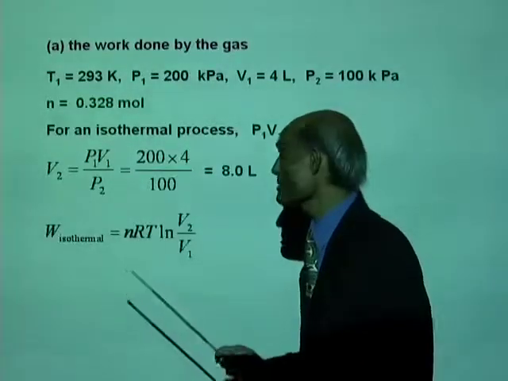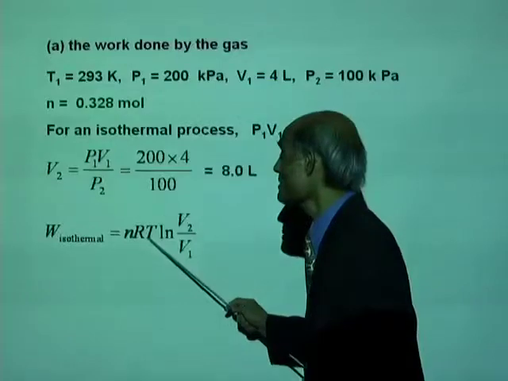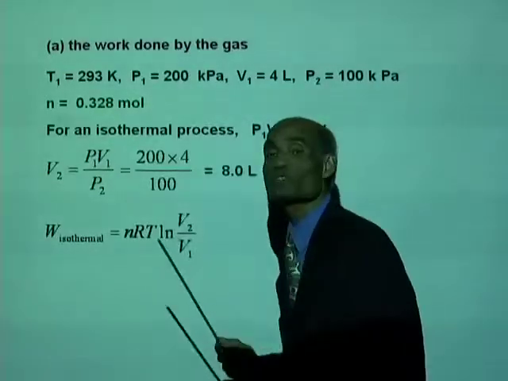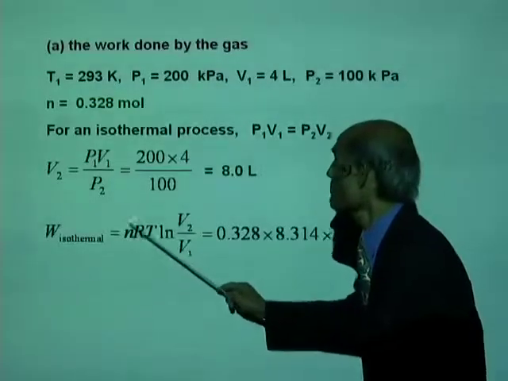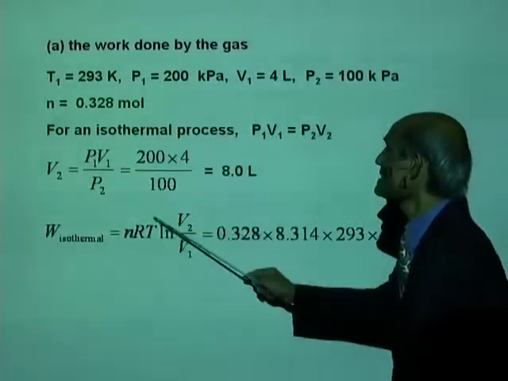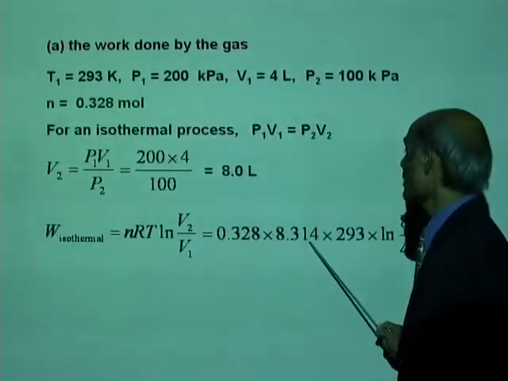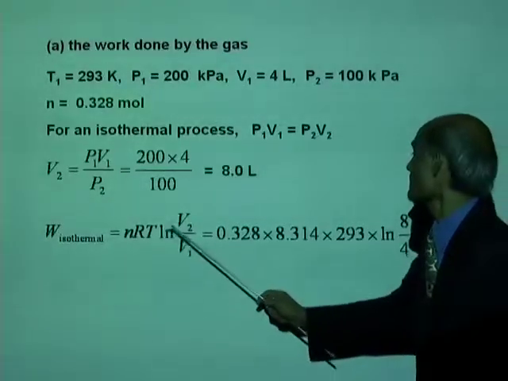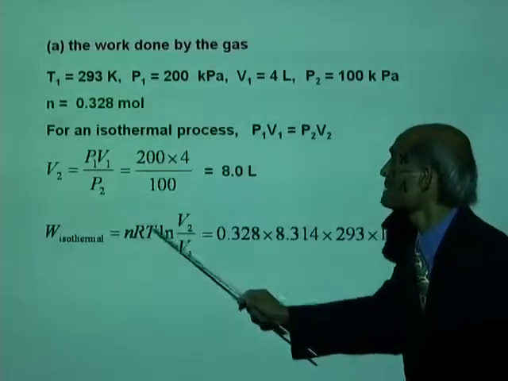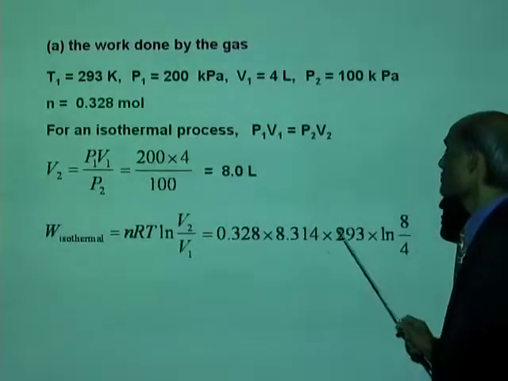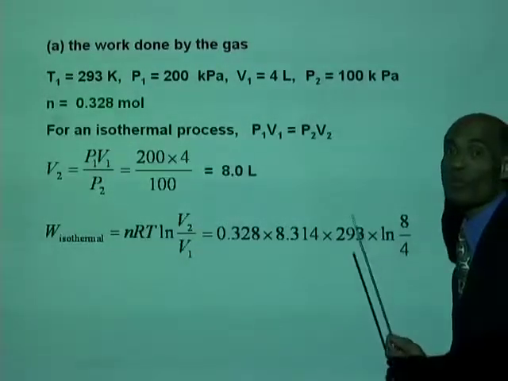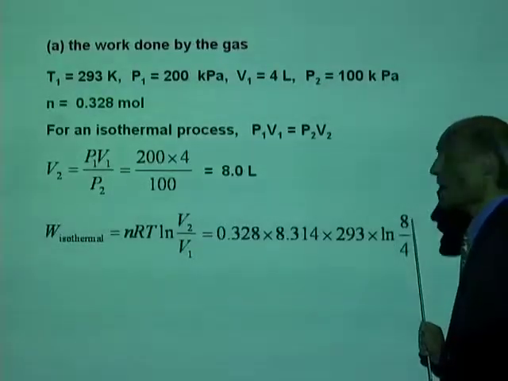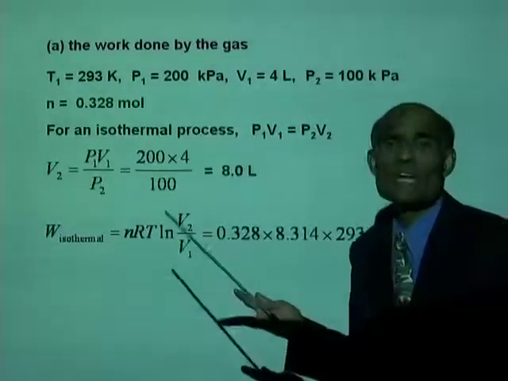W isothermal is nRT ln V2 over V1. That will be, the number of moles is 0.328, R is 8.314, T, the temperature, is 293, times ln V2 over V1. You can see, again, I left them in liters.